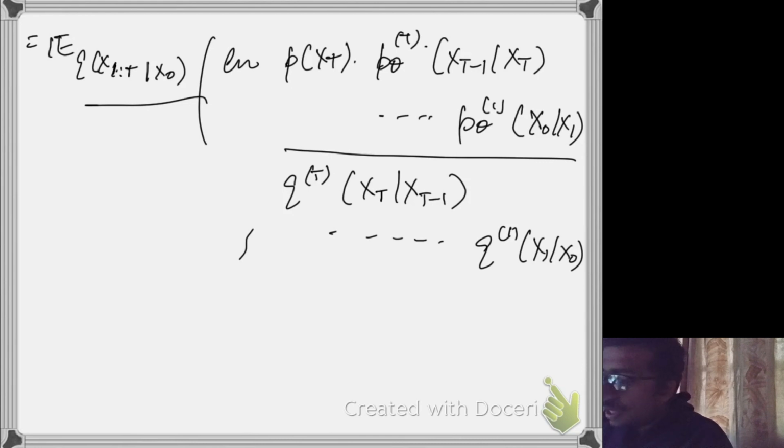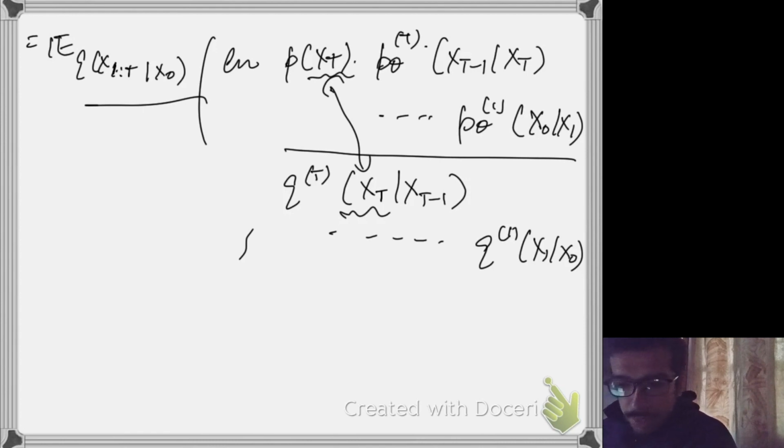Now what I can do is start combining the terms from the numerator and denominator, and then split this product. First of all, we can combine this x_T here and the x_T term over here. The reason we are doing that is that we want to split this sum over terms, one for x_T, one for x_{T-1}, and so on.